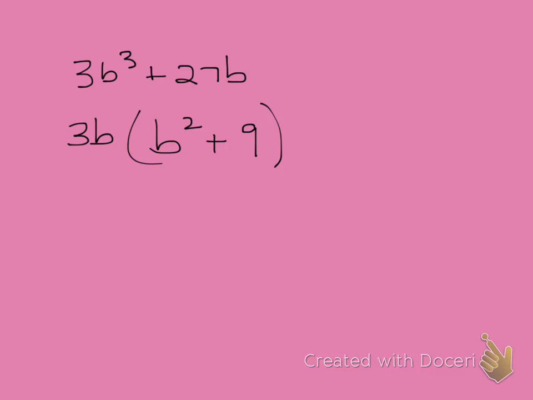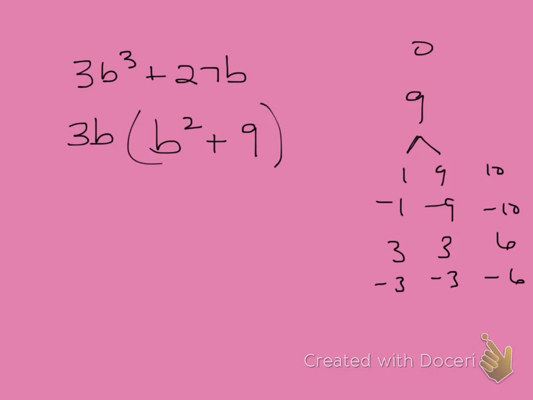So yesterday we took the time to say, okay, let's see if we can find factors of 9 that add up to what? 0, right? Because there's no b term. So we looked for factors of 9 that can equal 0. We found 1 and 9, negative 1 and negative 9. None of those equal 0, because this is 10 and negative 10. Then we have 3 and 3, which equals 6, and then negative 3 and negative 3, which equals negative 6.